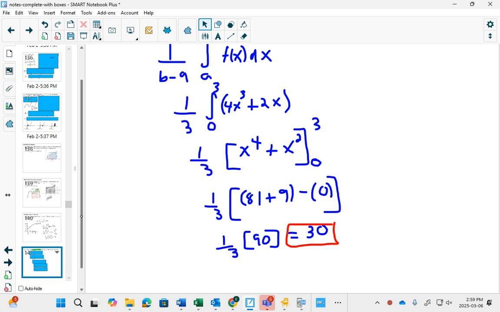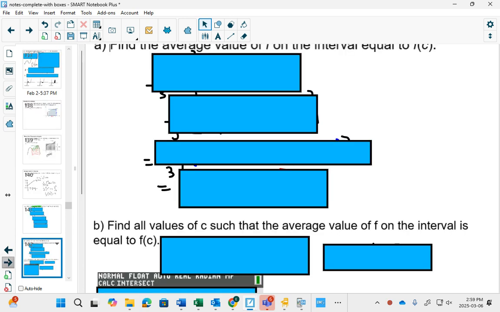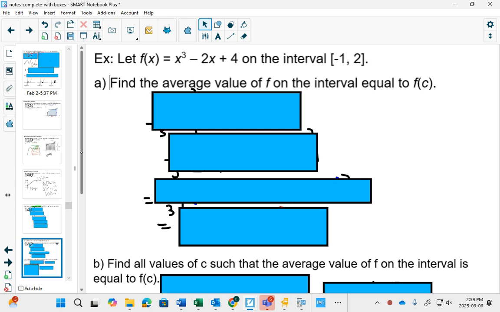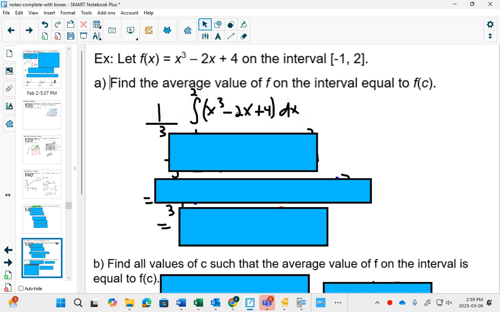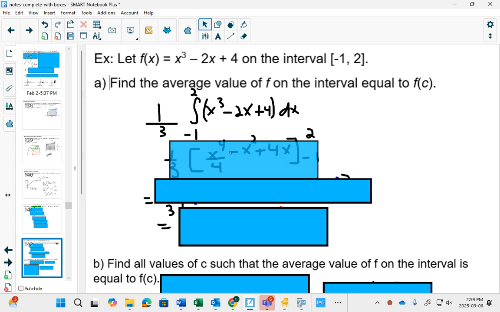Ready? Another cubic function. We want to find the average value, so we do our average value formula. From -1 to 2 is a difference of 3. Set up our integral, and again, it's a simple integral where you add 1 and divide.